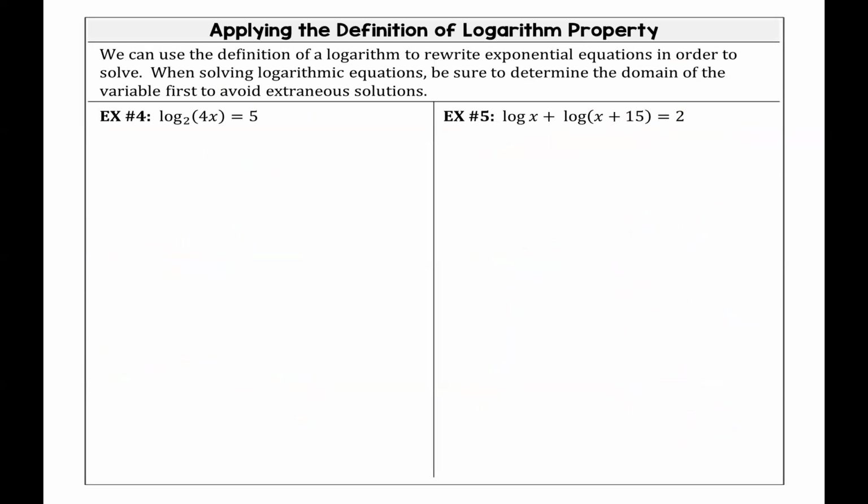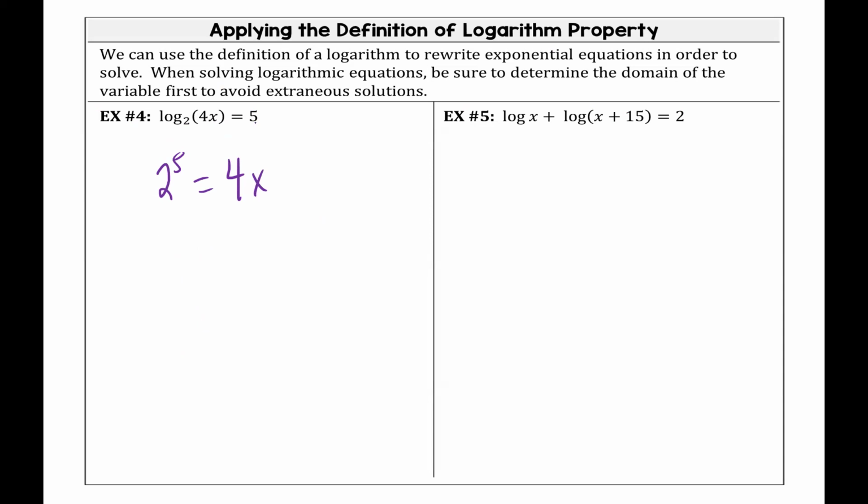All right. Next, we can use the definition of logs to rewrite equations in order to solve, right? So being able to translate your log into an exponential is still pretty useful. How can I write this as an exponential? 2 to the 5th equals 4x.